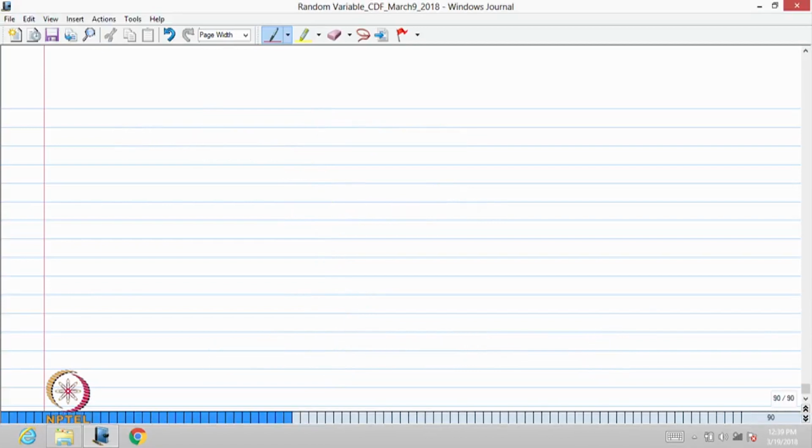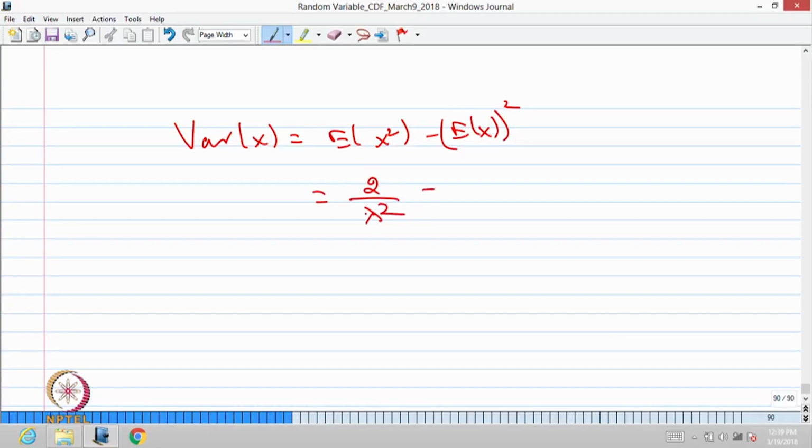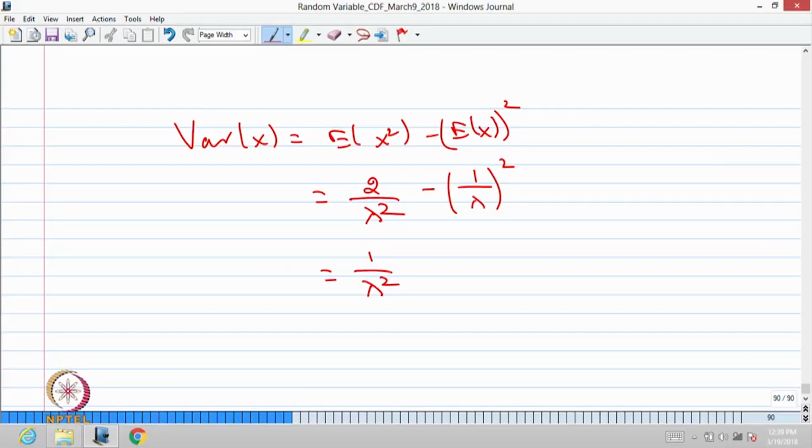Therefore, the variance of x is E of x square minus E of x the whole square, that is 2 divided by lambda square minus, since the mean of the random variable is 1 by lambda, 1 by lambda whole square. Therefore, you will get 1 by lambda square. So, it is a very important result: the mean for the exponential distribution with the parameter lambda is 1 by lambda, and the variance of x is 1 by lambda square.